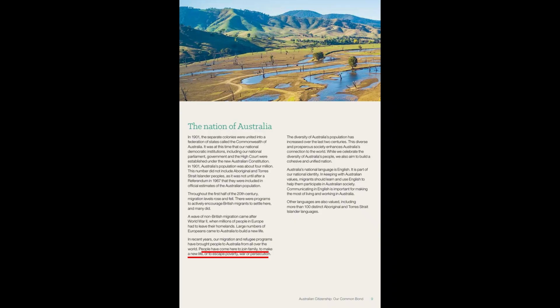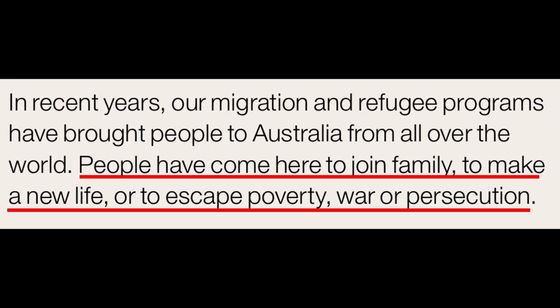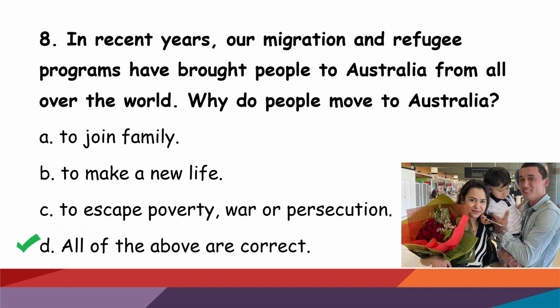Page 9 in Our Common Bond says, people have come here to join family, to make a new life, or to escape poverty, war, or persecution. So answers A, B, and C are all true. All of these are reasons that people may move to Australia. So we need to choose answer D. All of the above are correct.